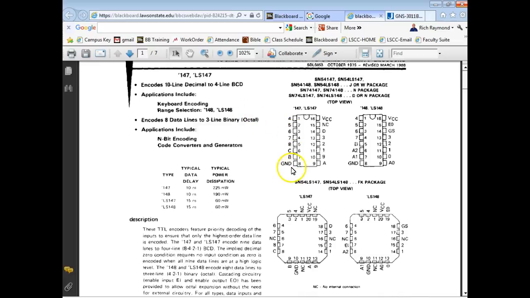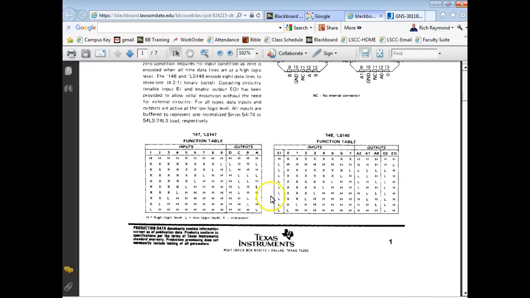So the 7447, so here I come in, I put all highs, I'm putting all highs in, right? Okay, so what's all highs? Well, it's got low active inputs, so what would it see all highs in? It's going to see it as a 0. Y'all understand? But what does it output for a 0? It outputs all highs because the outputs are what? They're high active.